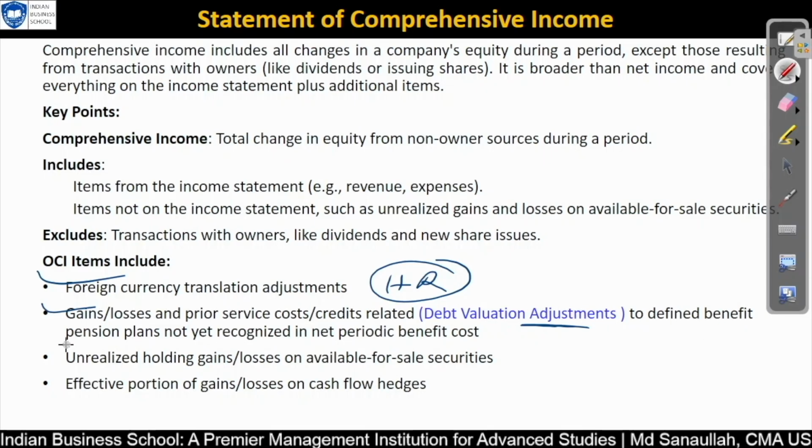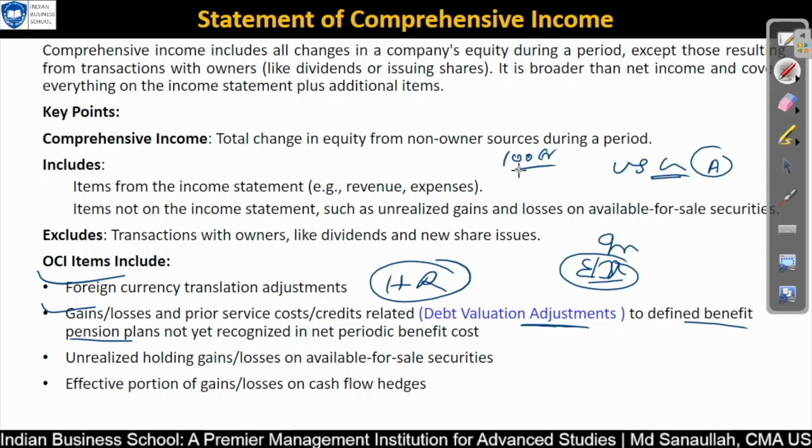For a defined benefit pension plan, net periodic benefit cost that we have not yet recognized in our income statement as an expense. If IFRS and US GAAP rules allow us, we can book those expenses based on assumptions. If you have hundreds of crores for this pension scheme, you can divide it over 10 or 20 years, based on when you are about to pay, so you can recognize those expenses slowly.